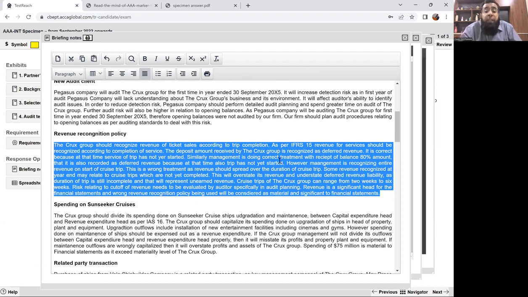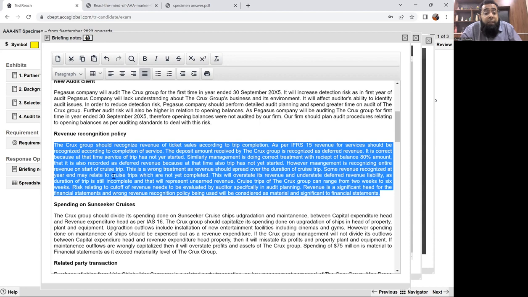Similarly, management is doing correct treatment with receipt of the balance of 80%. That is also recorded as deferred revenue because at that time also the trip has not yet started. However, management is recognizing entire revenue at the start of the cruise. This is wrong treatment, as revenue should be spread over the duration of the cruise trip.